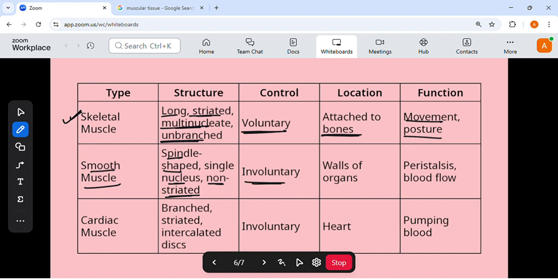It is involuntary in function, present in the wall of organs, iris muscles, stomach, urinary bladder. Peristalsis, movement of food into the esophagus, flow of blood. Then cardiac muscle in heart, it is branched, striations are there, and intercalated disc which helps in the communication. Then involuntary in function, present in heart, and the function is to pump the blood.